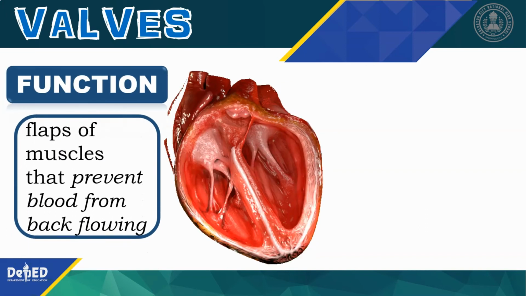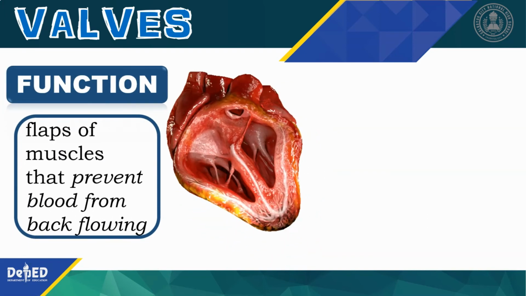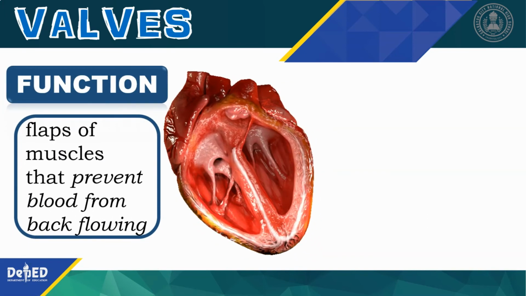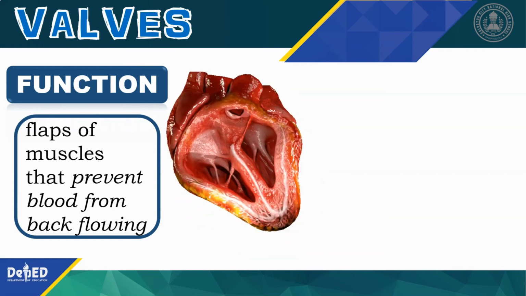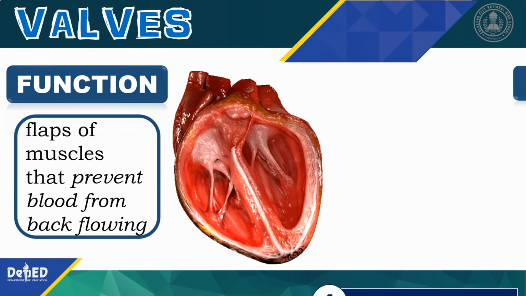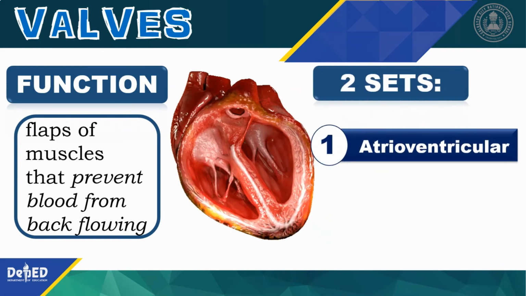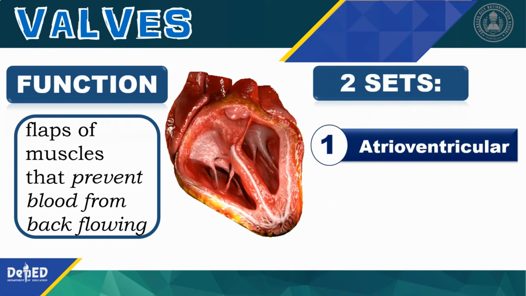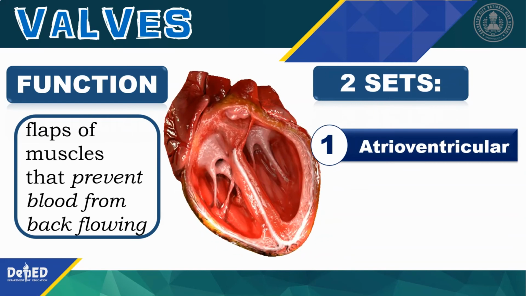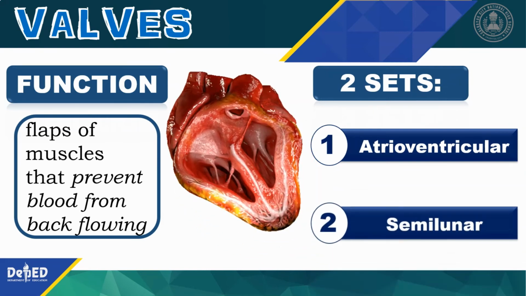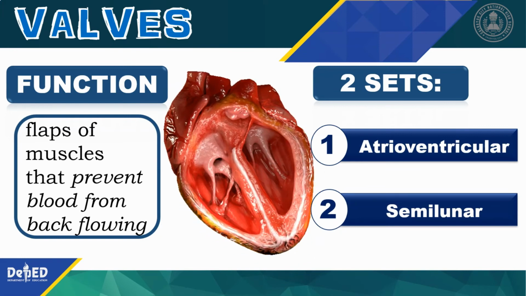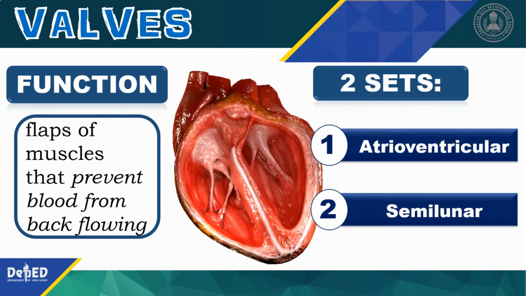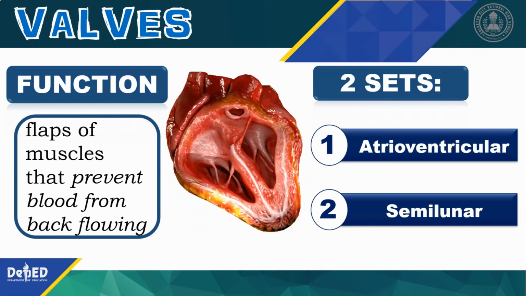Valves are flaps of muscles that prevent blood from backflowing. These are one-way doors. There are two sets of valves. First, the atrioventricular valves, and the second one, the semilunar valves. These valves work to ensure that blood will move only in one direction.